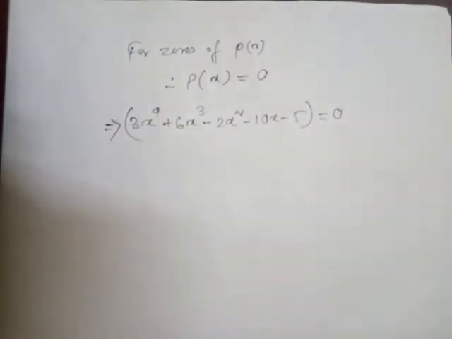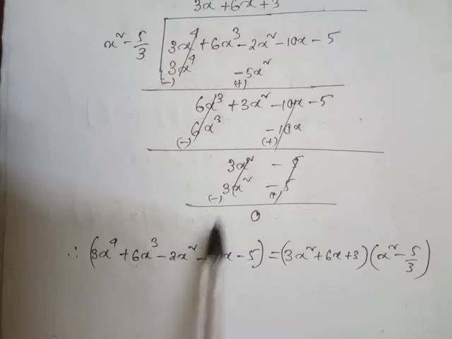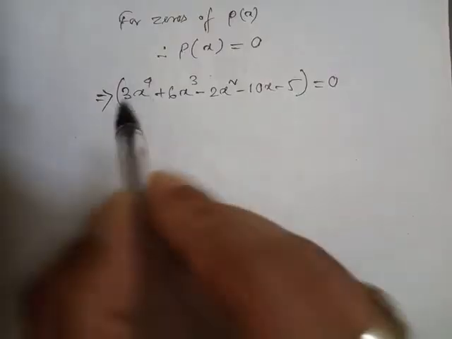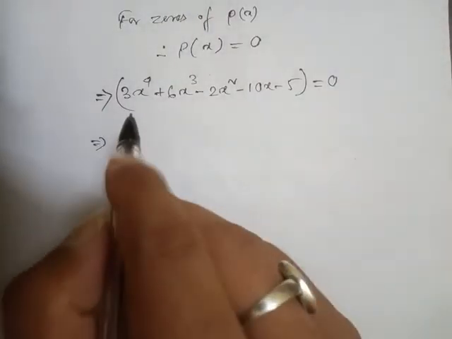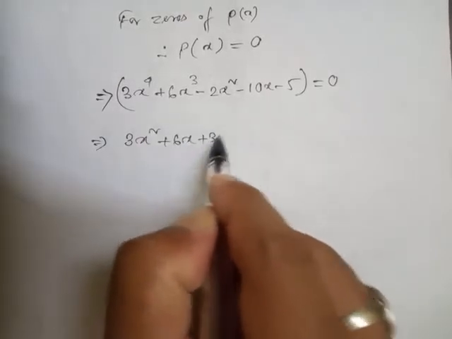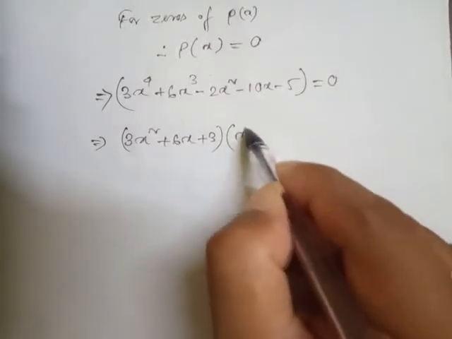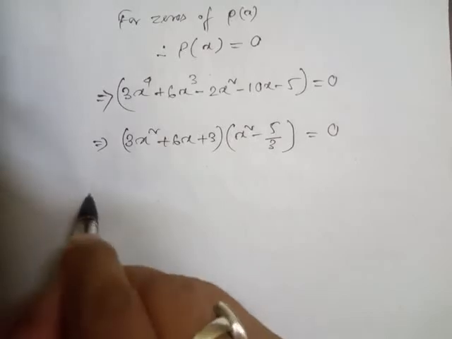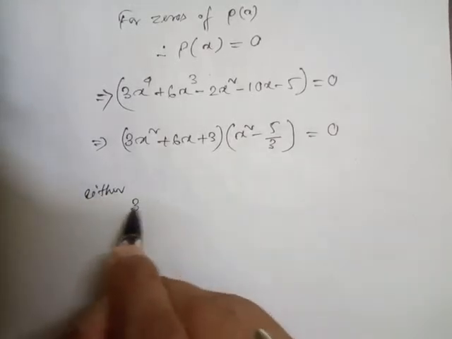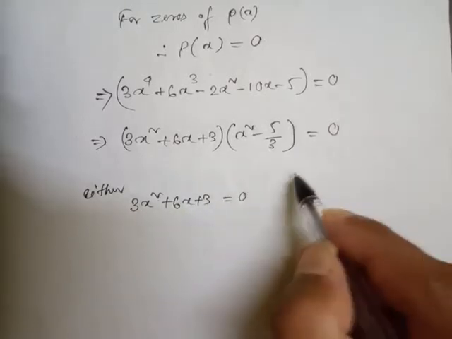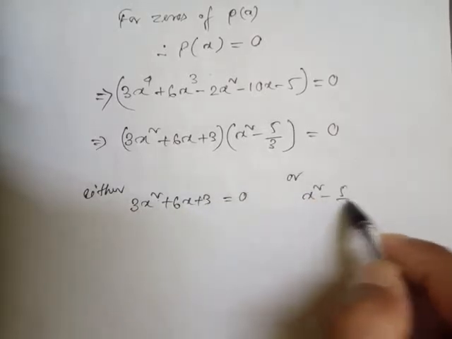Now this value has come from, look, after dividing, this value equals this. So in place of this value I may write this one also. So now I am writing here, in place of this one, 3x square plus 6x plus 3 into that value x square minus 5 by 3 equals 0. Now either 3x square plus 6x plus 3 equals 0 or x square minus 5 by 3 equals 0.